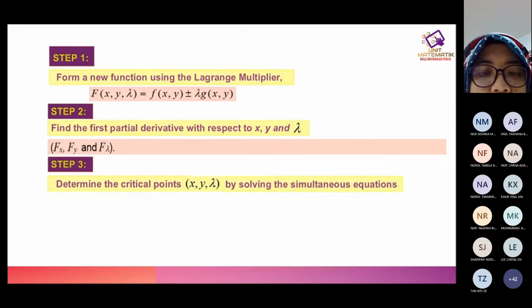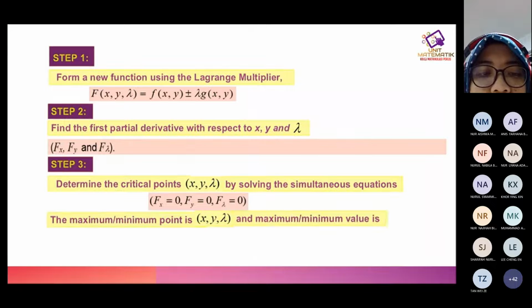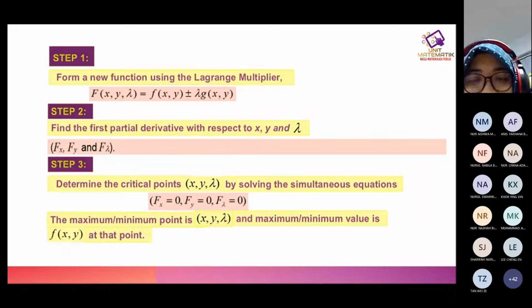Determine the critical point x, y, lambda by solving the simultaneous equation, when F sub x equal to 0, F sub y equal to 0 and F sub lambda equal to 0. The maximum or minimum point is we write x, y, lambda. And maximum or minimum value is we substitute the value of x and y.